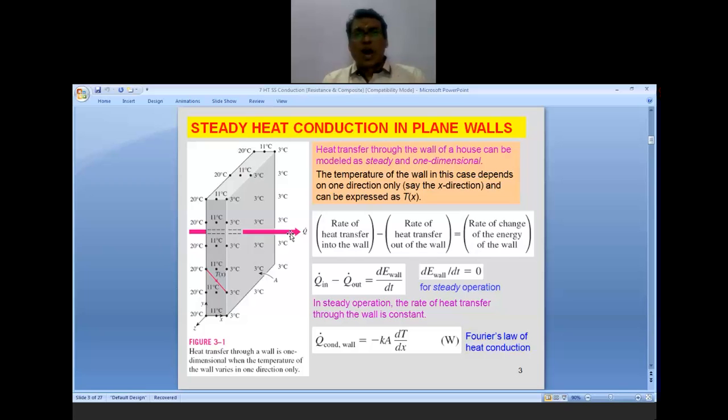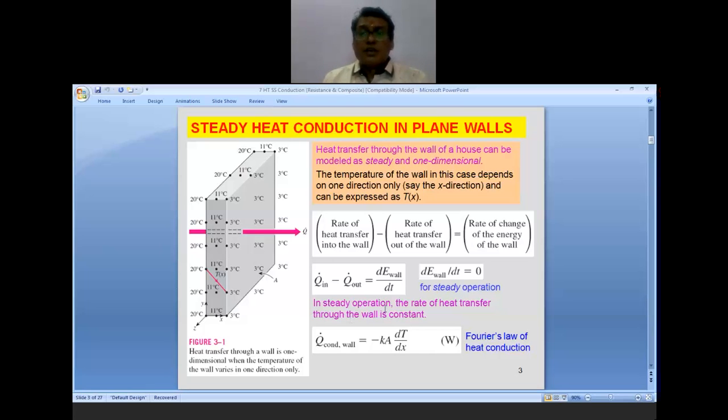Input minus output is going to give you the change. Change of what? The change of energy across the wall. So this is the rate of heat transfer into the wall, indicated by Q in, minus the rate of heat transfer out of the wall, that is Q out, which equals the rate of change of energy of the wall, that is dE upon dt.